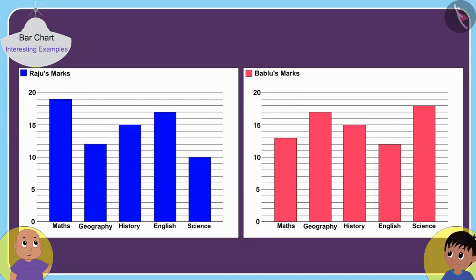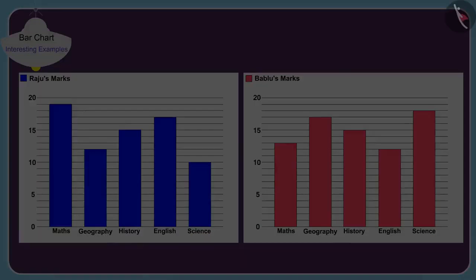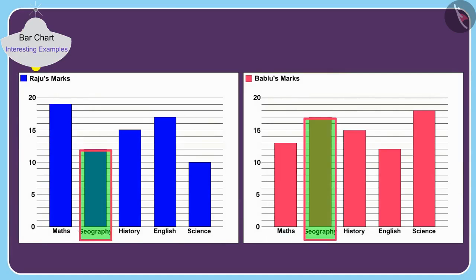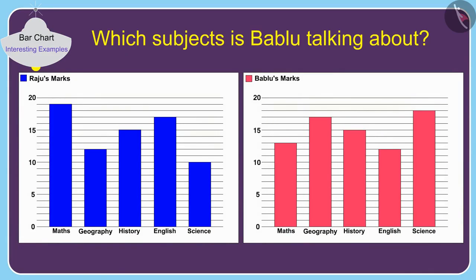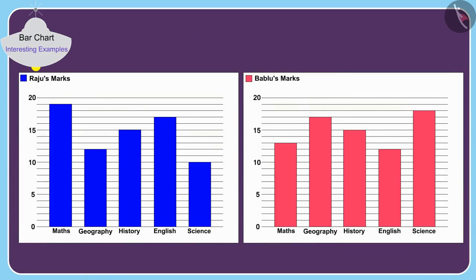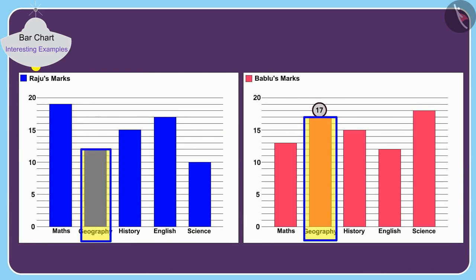Look, Raju, I have got 5 marks more than you in this subject. And in this subject, you have got 5 marks more than me. Children, can you tell us which subjects is Bablu talking about? If we look closely, in geography, Bablu has got 17 marks and Raju has got 12 marks.